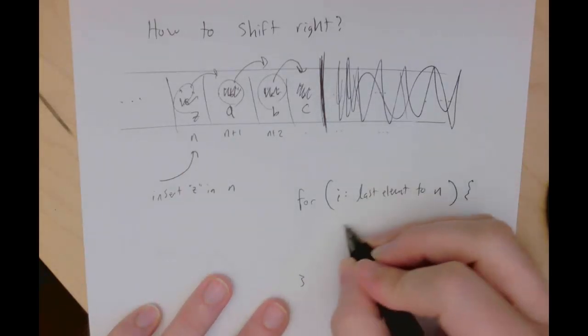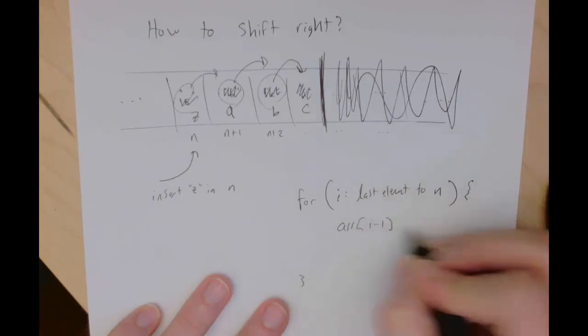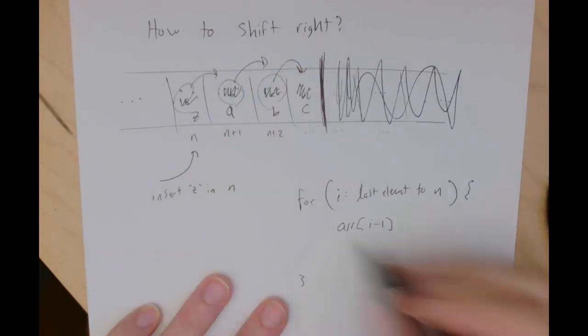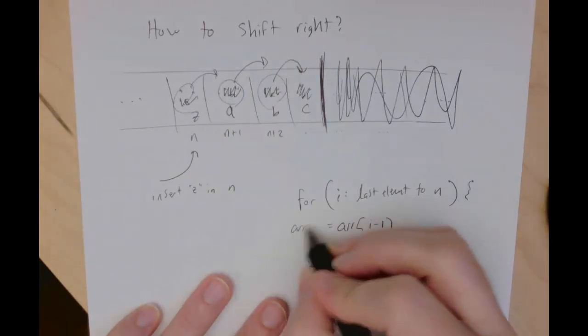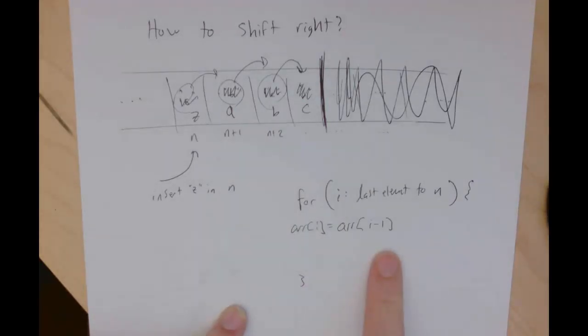We want to have the array at index I minus 1, and we want to use that to copy it over top of index I. So array index I. So we're copying that way. And then eventually we get to the end here, and at the very end we can say array at index n gets whatever the new value is.